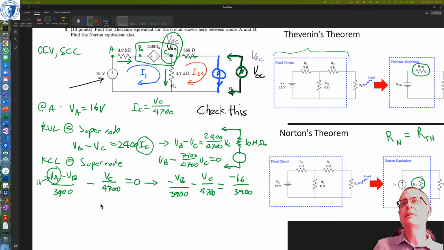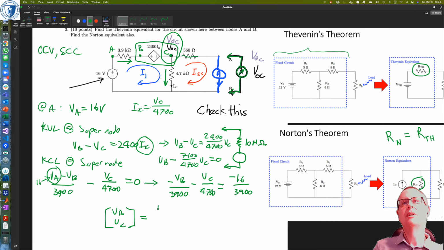So that means VB and VC equal 10.33 and 6.836, both to 4 significant figures.